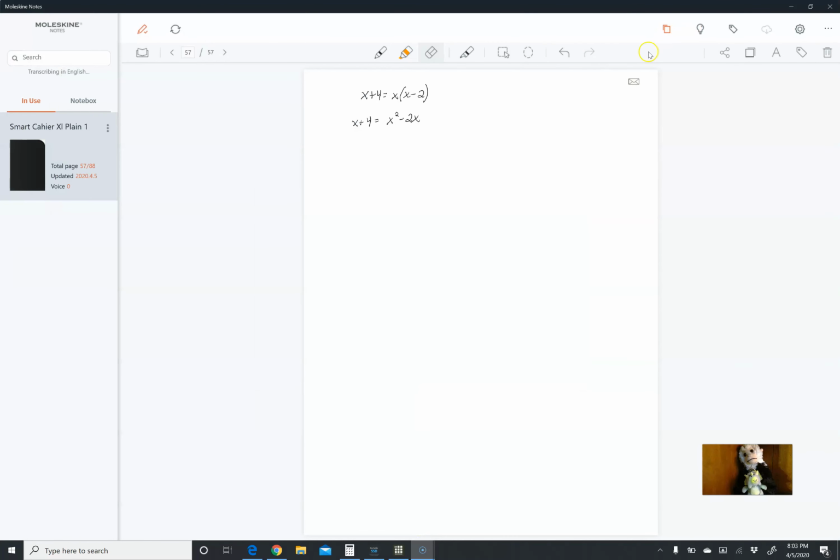So this is quadratic, so we set it equal to 0. So we subtract x and subtract 4 from both sides. So this goes away, and we wind up with x squared minus 3x minus 4 is equal to 0.